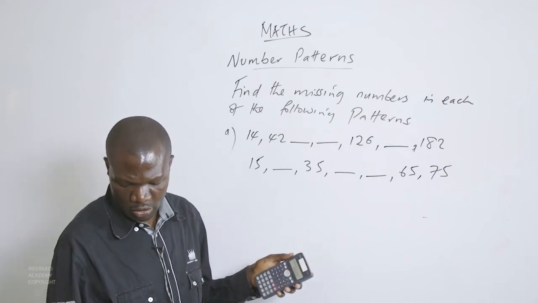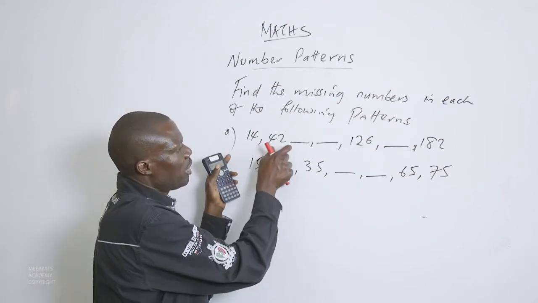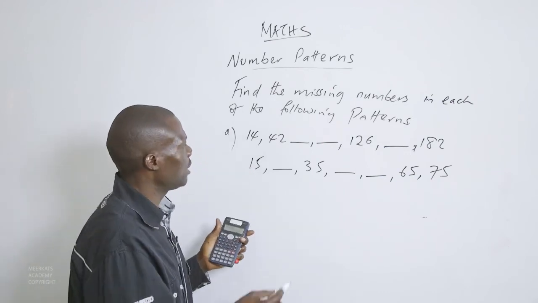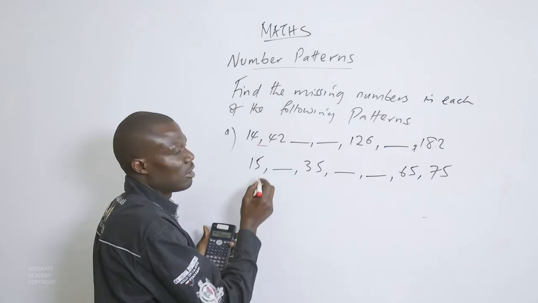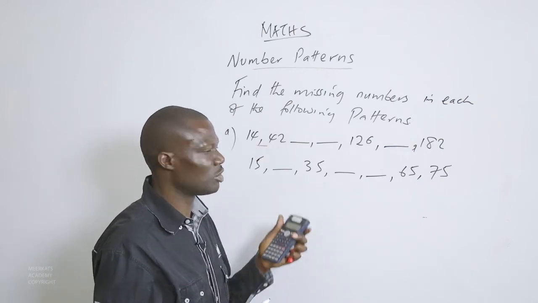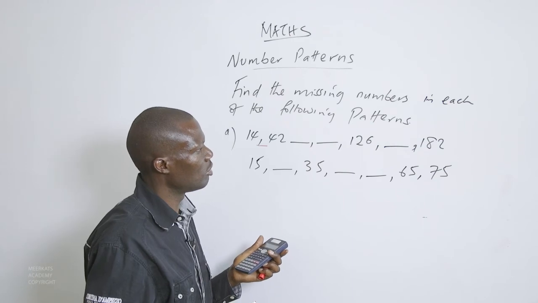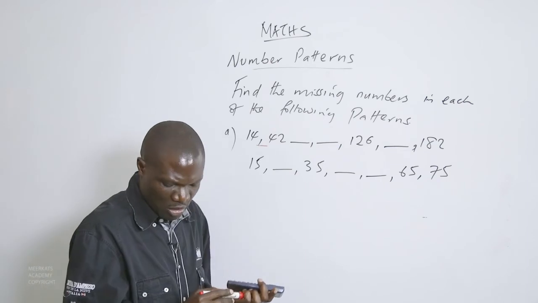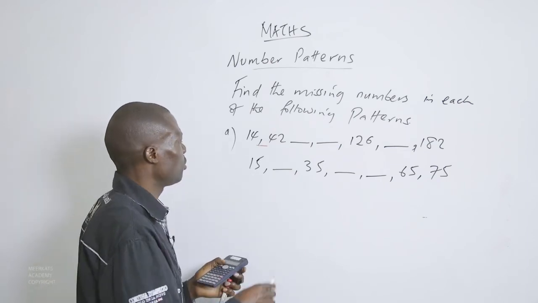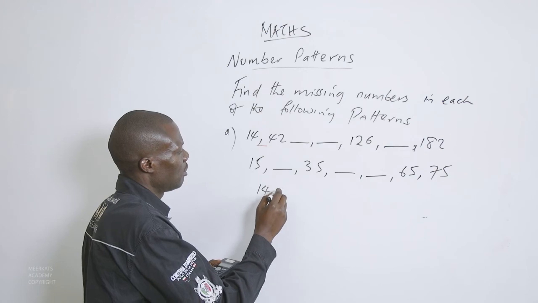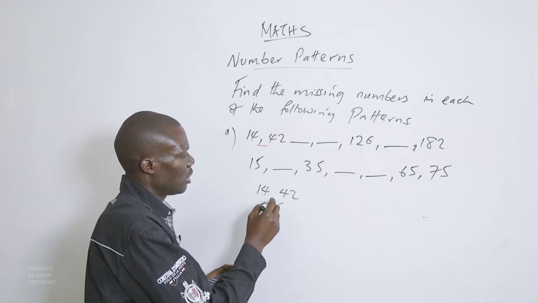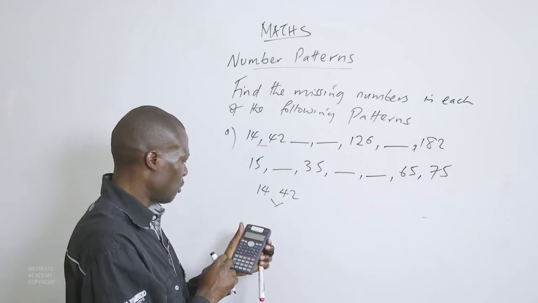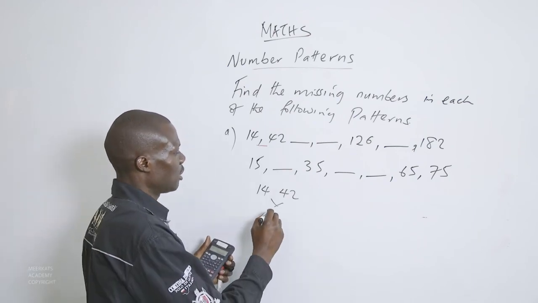Now, we want to find the relationship being formed here. What is the relationship? First, you notice that this is 14 and this is 42. We shall try various ways and find out. The difference between 14 and 42: you take 42 minus 14, this gives us 28.